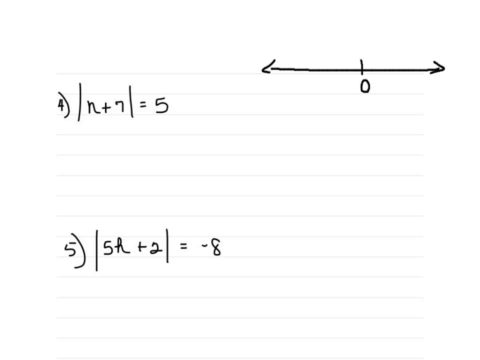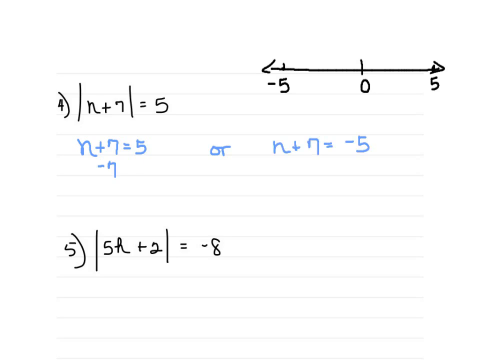And we know there are two numbers that are 5 units away from 0, and that would be positive 5 and negative 5. So we'll set up 2 cases, 2 scenarios. N plus 7 is equal to positive 5, or n plus 7 is equal to negative 5, and we will solve for both. Okay, let's go ahead and do that.